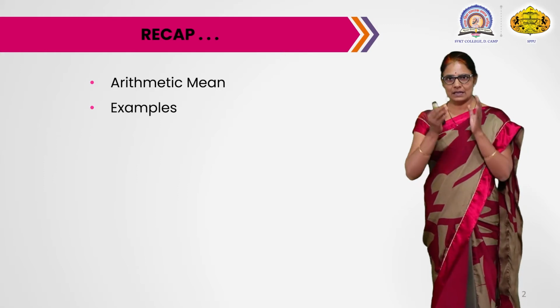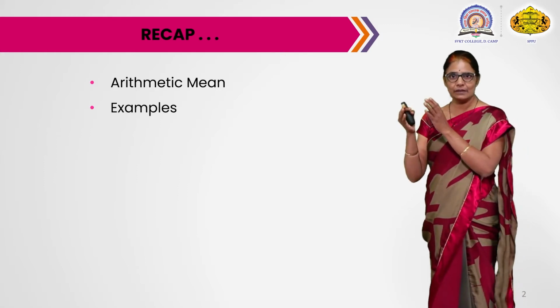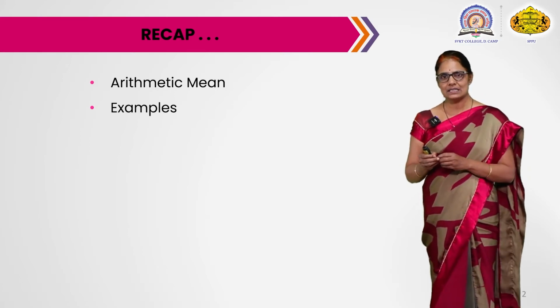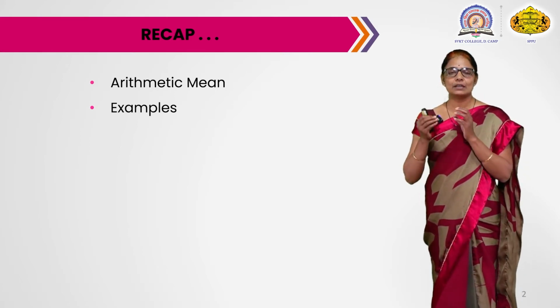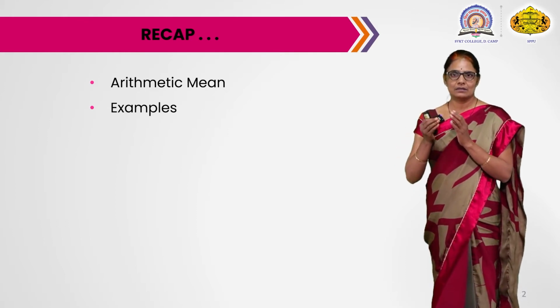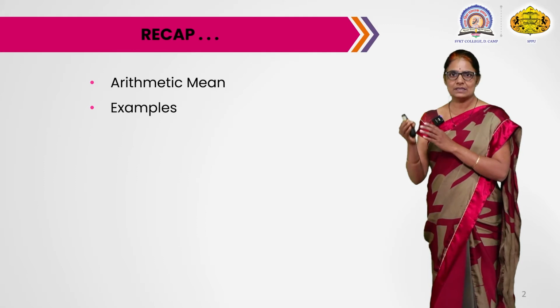That is, we are given class intervals and the corresponding frequencies. In this case, first we calculate the mid value of each class by using upper boundary plus lower boundary upon 2.